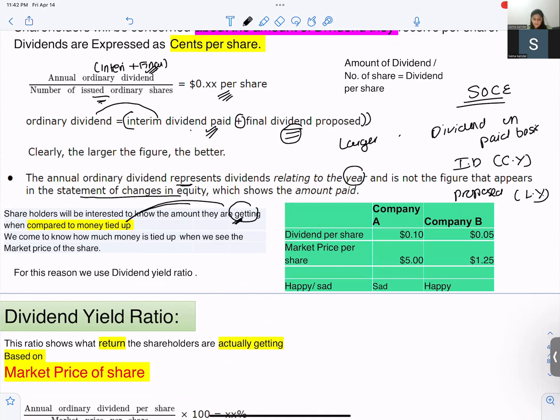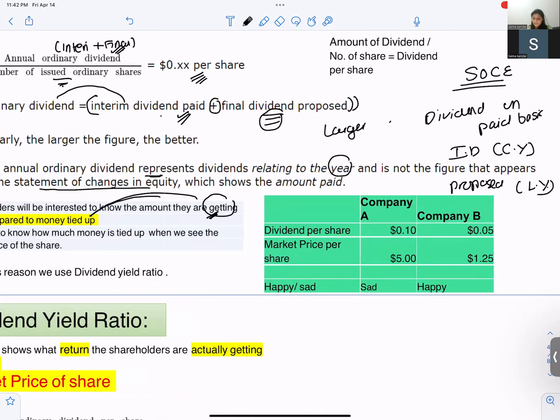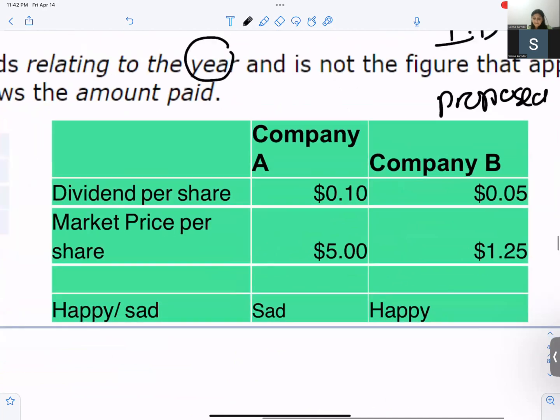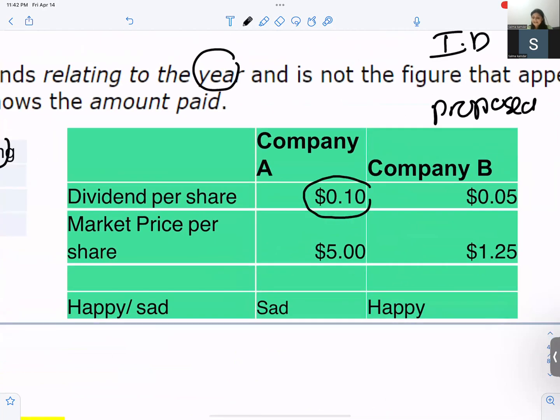If you see over here, I have two companies, company A and company B. The dividend per share of company A is 0.10 and for company B is 0.05. So you would say company A is better because the dividend per share is more.